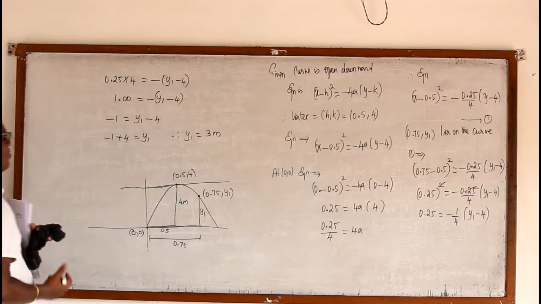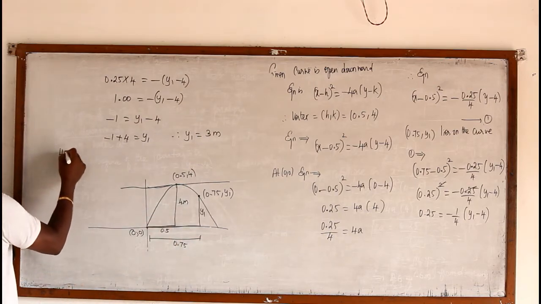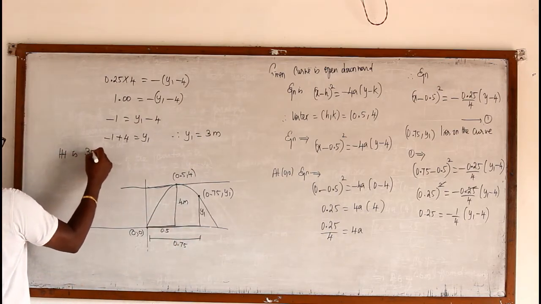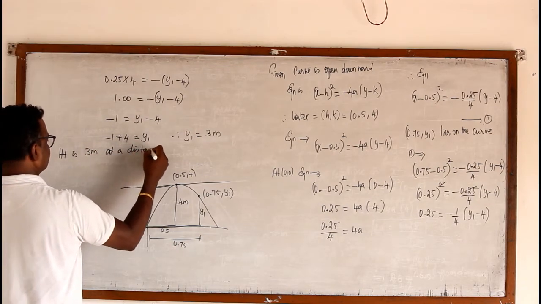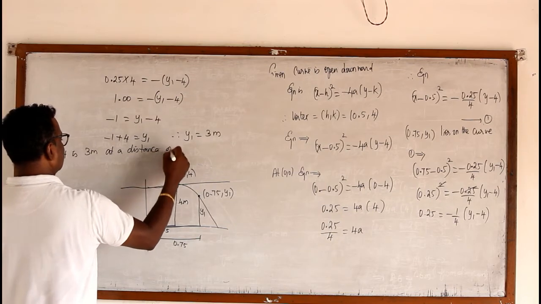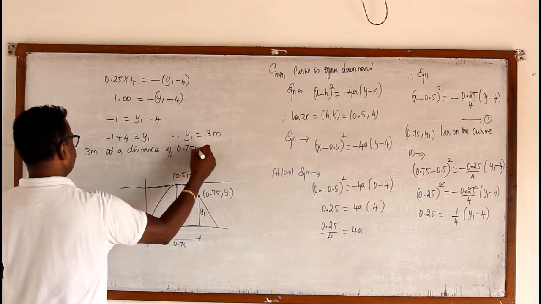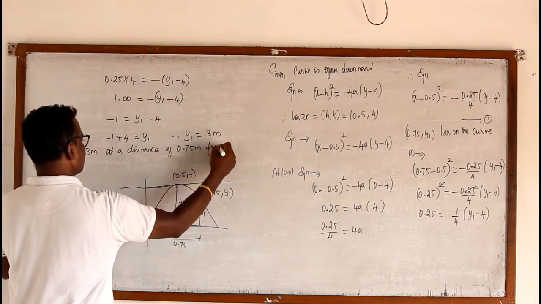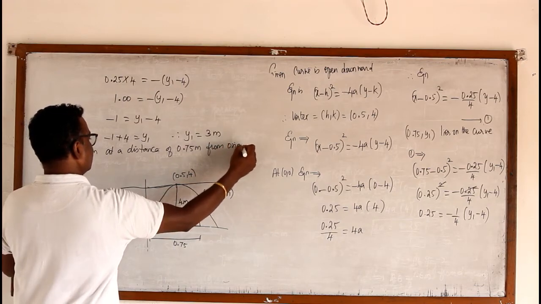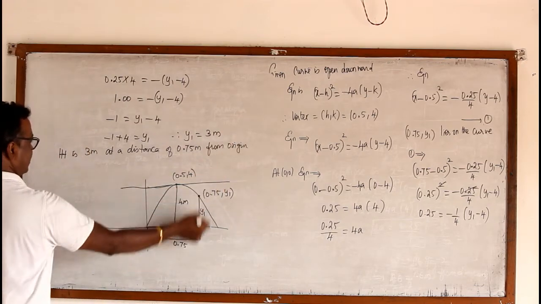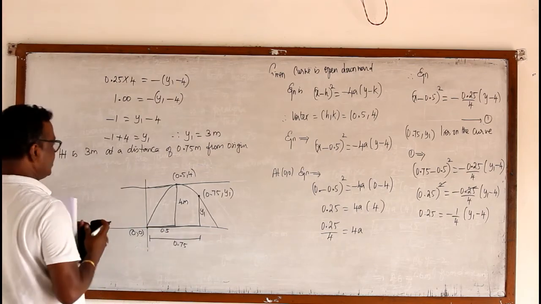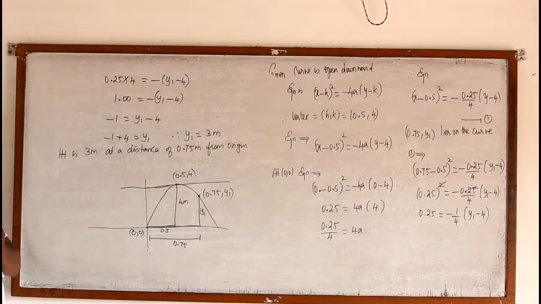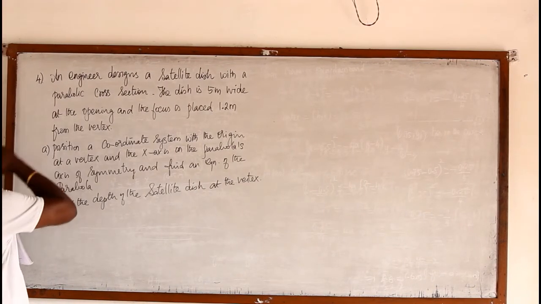So the height of the fountain will be 3 meters at a distance of 0.75 meter from the origin. So the height of the fountain will be 3 meters if it is 0.75 meter from the origin.